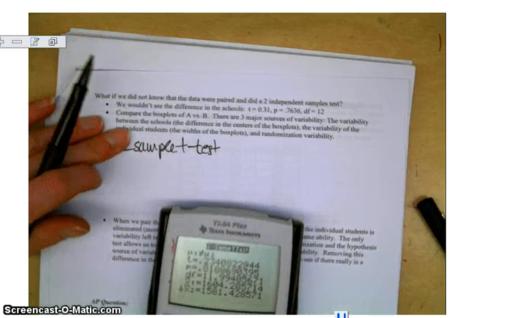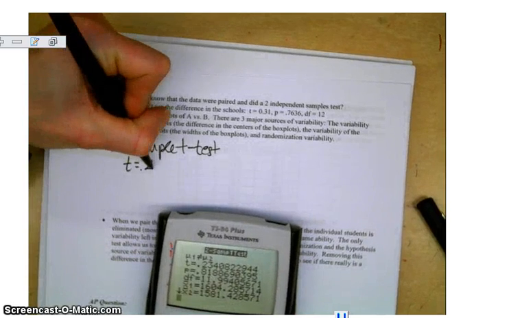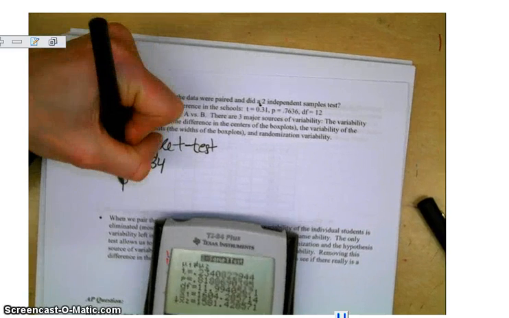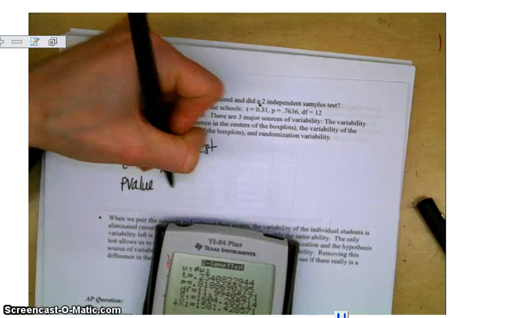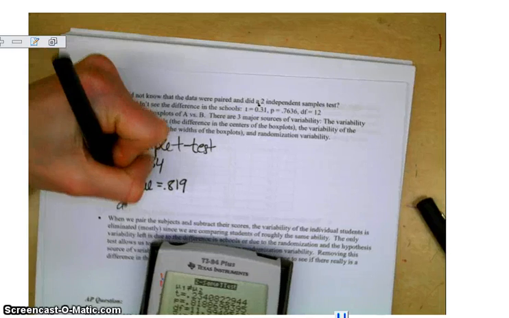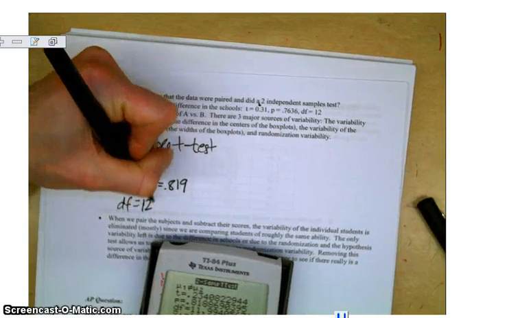Then it gives me that my t is 0.234, which is slightly different than this, and my p-value is 0.819. My degrees of freedom would be about 12.